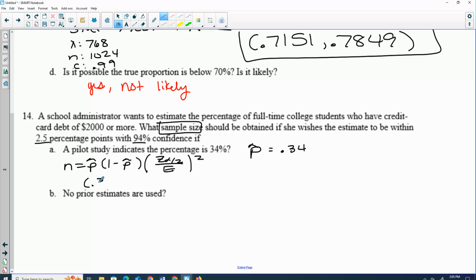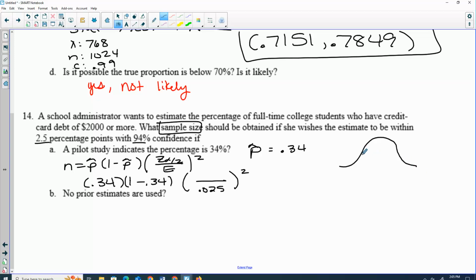So P hat is the 0.34. 1 minus P hat, so 1 minus 0.34. Okay, let's talk about this last bit. E is our error. If it's 2.5%, then we would do 0.025.